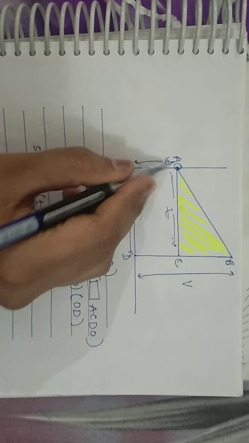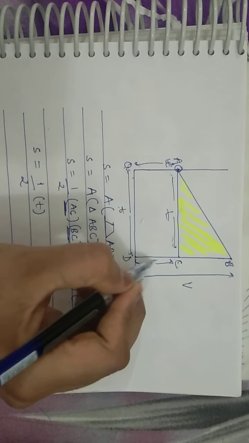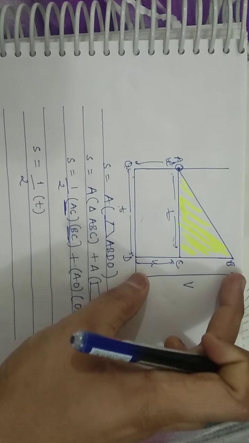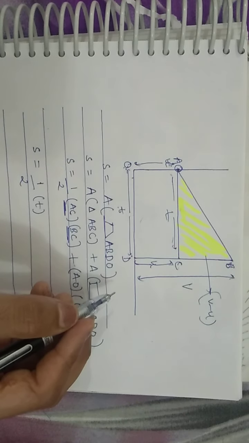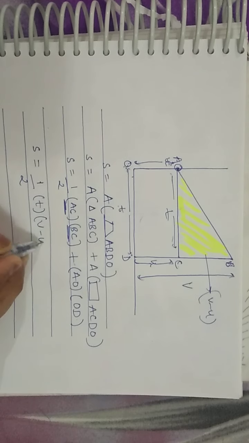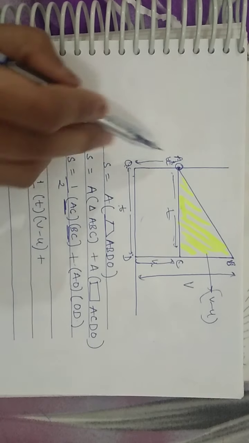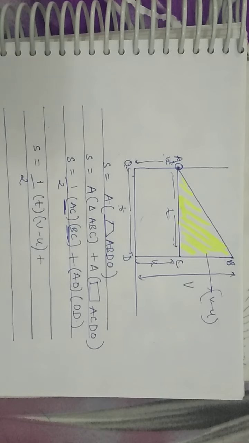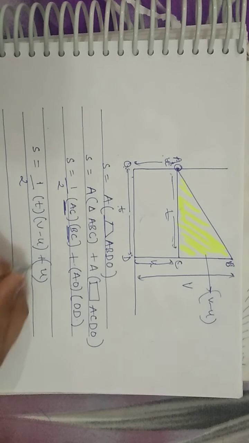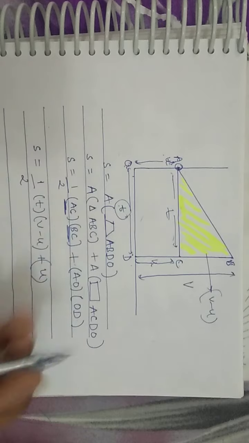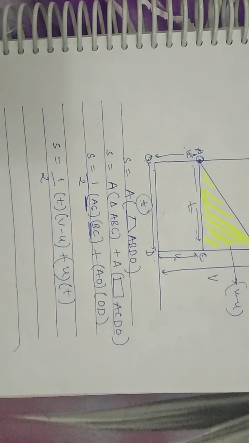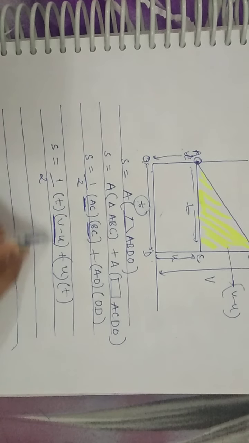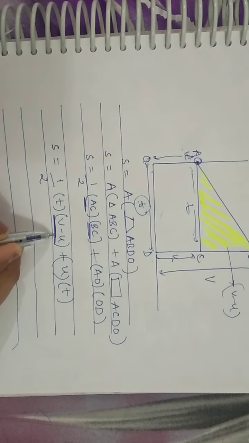Simple, this is U, this can also be U. Now subtract this complete from this, we get V minus U. So this BC becomes V minus U. Plus AO is U, so we can simply write U, and OD is T. Very simple.